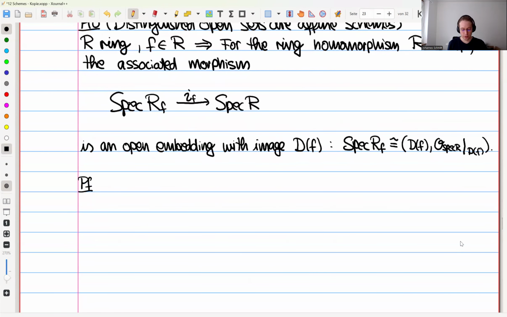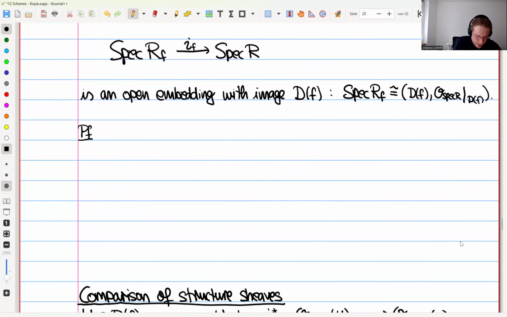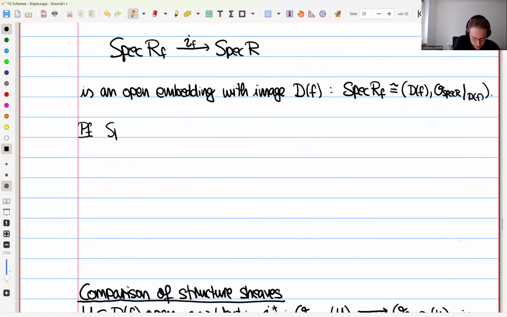First of all, let's talk about the level of sets. There, we want to understand what is Spec R_F. So somehow, what are the prime ideals in this localization? Then it's a lemma from commutative algebra, which tells us that the prime ideals in a localized ring are in one-to-one correspondence with the prime ideals of R which do not meet the multiplicative set at which we localize.